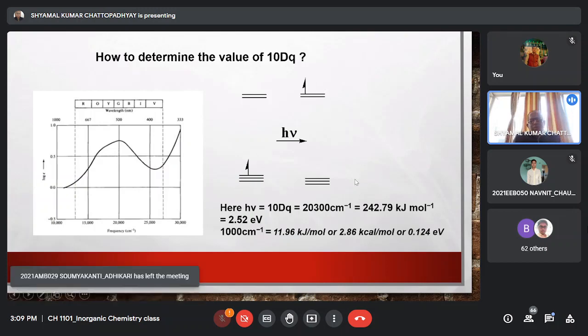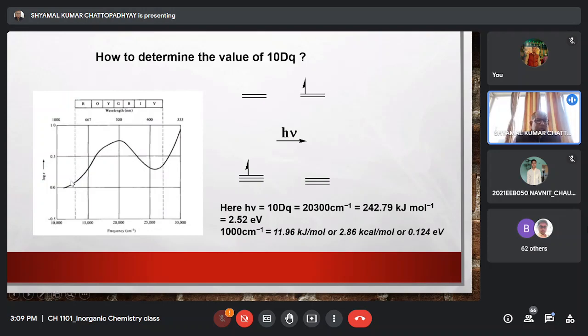That has to be taken into account while calculating the promotion energy or the 10 dq. But in any case, it is not very difficult, and with some effort, one can learn how to tackle even the multi-electron system.